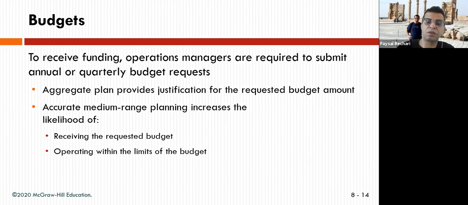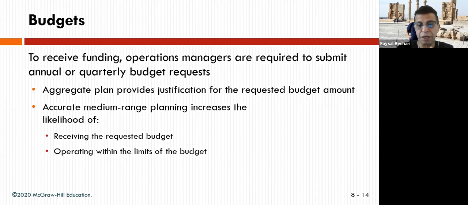The aggregate plan provides justification for the requested budget amount. So if there is a demand of 8 units, you have to plan a budget for 8 units. If there is a 10, plan for 10, a little bit more or less. If it's a 5, we plan for 5, a little bit more or less.